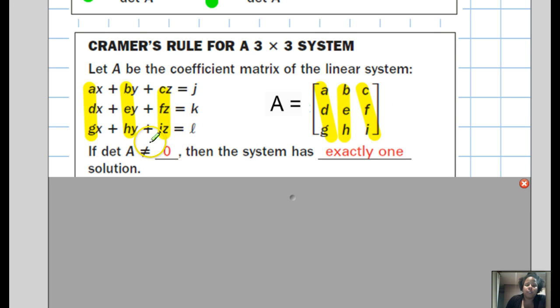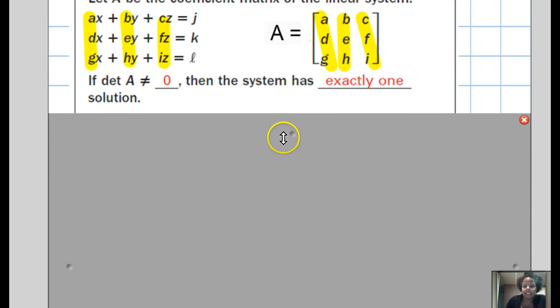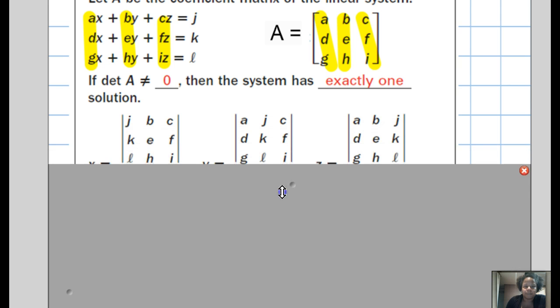So again, we can only use Cramer's rule if the determinant of the coefficient matrix is not 0. So if the determinant is not 0, then we can use Cramer's rule. The process is exactly the same as for a two-dimensional matrix.